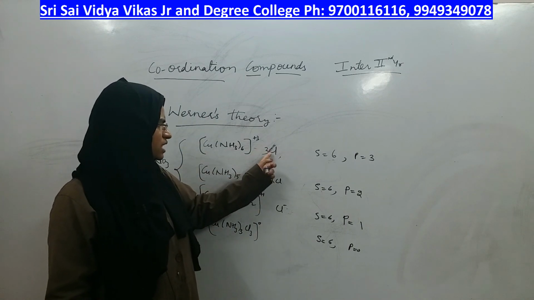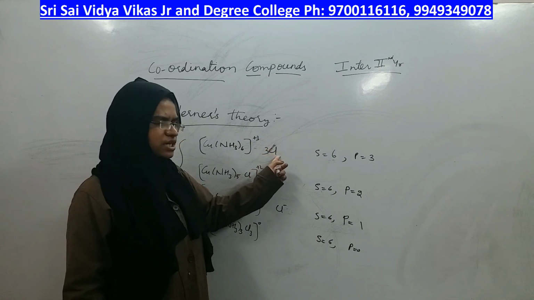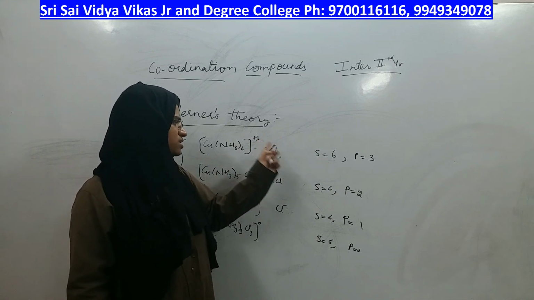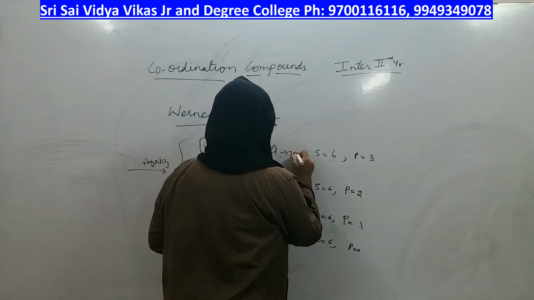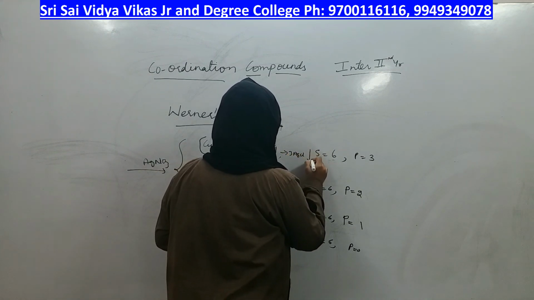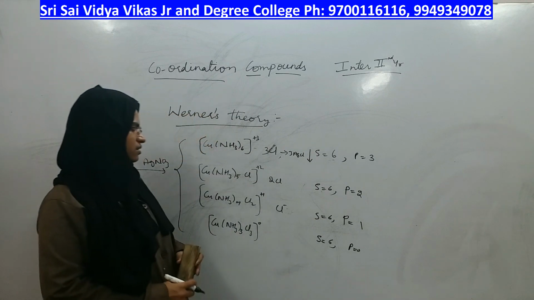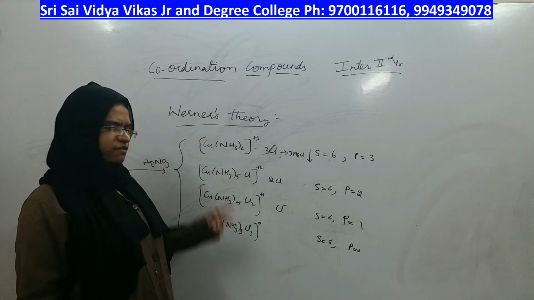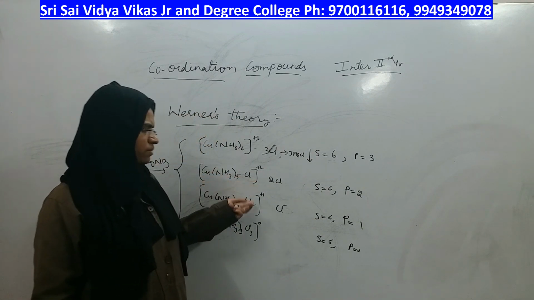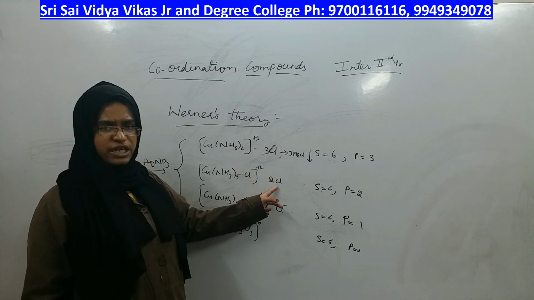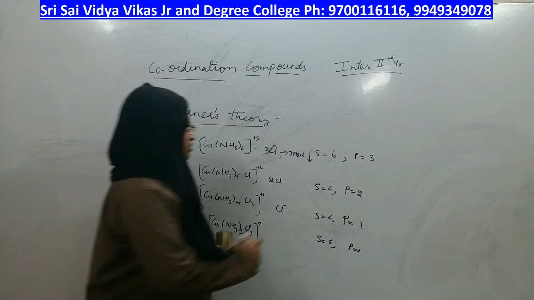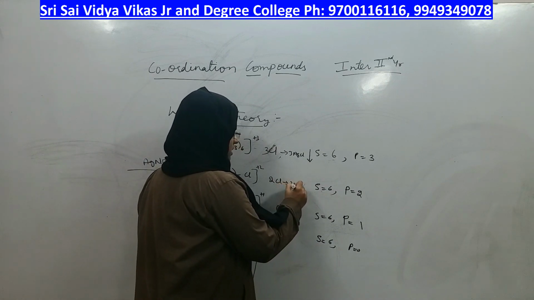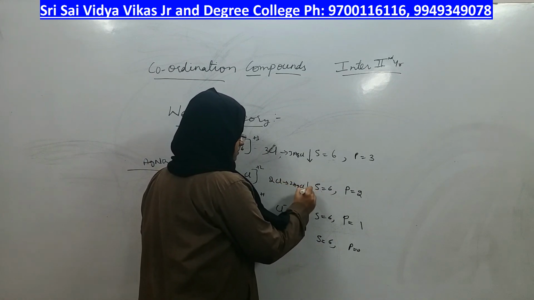So 3 Cl minus are freely present, therefore it can use 3 Ag plus ions to get 3 moles of AgCl precipitate. Second complex, when you give AgNO3, 2 Cl minus are freely present, so it utilizes 2 moles of Ag plus ion to give 2 AgCl precipitate.